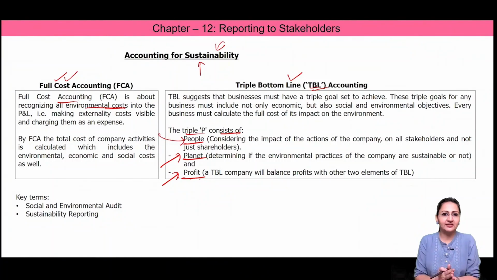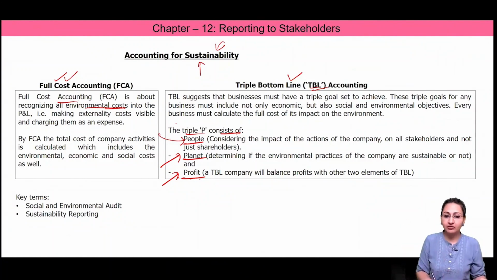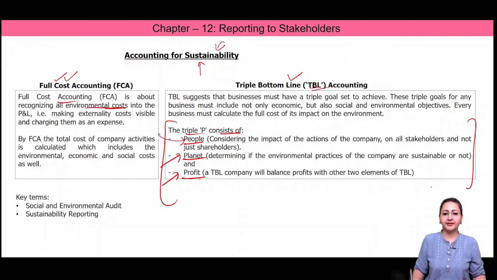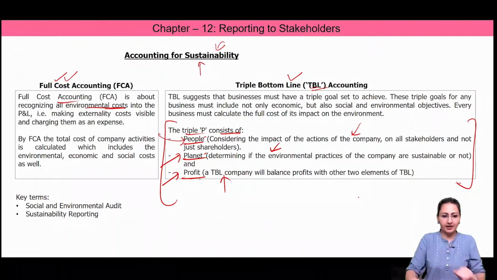Doing an accounting of this. So these are 3 goals which a business must include in its accounting. How it is impacting the people, how it is impacting the planet, and considering that, calculate the profit. That means the impact on people and planet must be quantified, their values must be calculated, and based on that, the profit figure must be taken out. This is triple bottom line accounting.